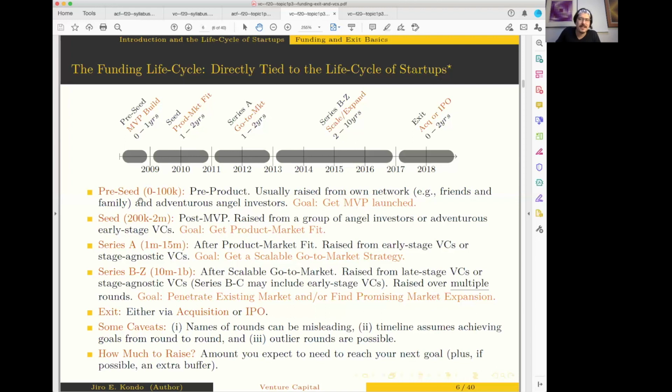You see some instances where a pre-seed will raise more money. It's usually someone that everyone believes in as a founder, so investors are competing to bet on that human. Or it's a setting where someone has had success before, and so sometimes you can raise a lot of money before you have a product.